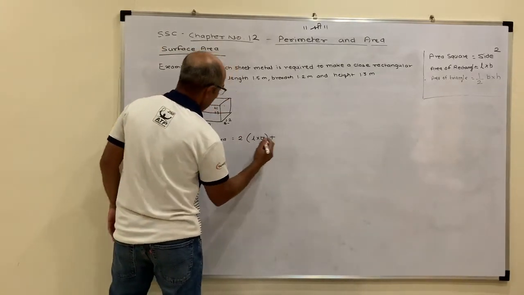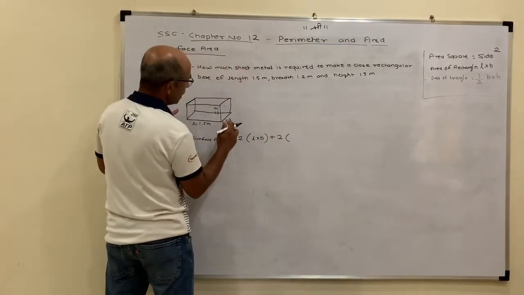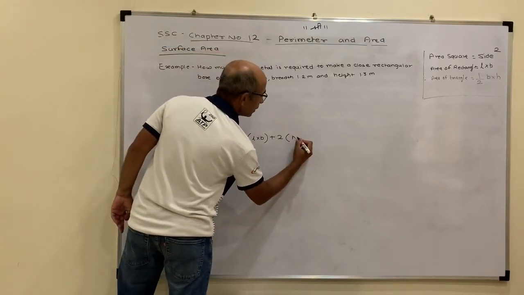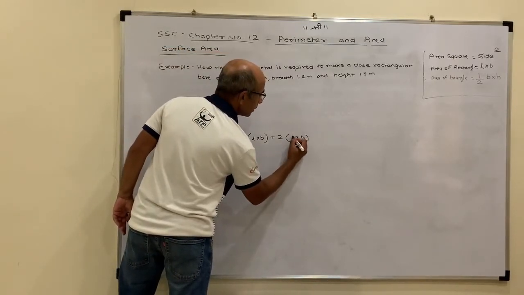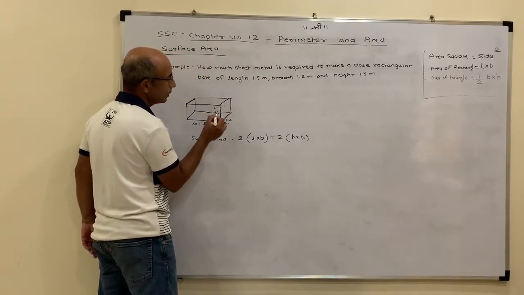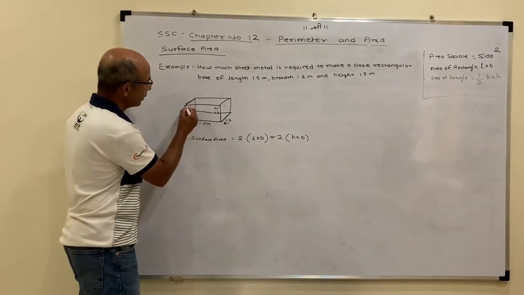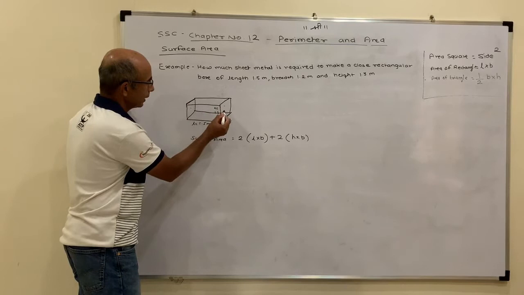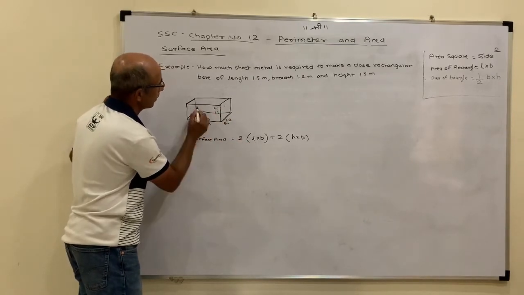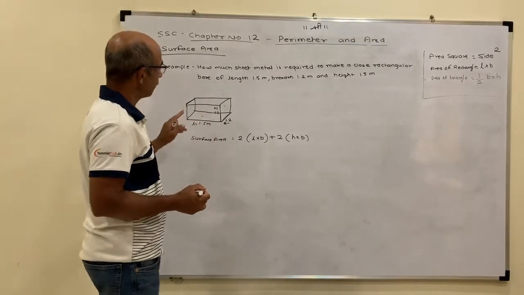Now plus, opposite to opposite sides, 2 into height into breadth. So this area, this is height and this is breadth. This is again a rectangle, and this one and this one are identical. We have covered the bottom and top, length and breadth. Now the front and the back.